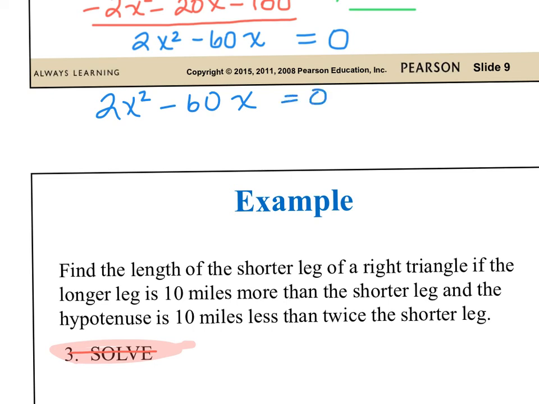And we can factor out, because 2 and 60 are both even, we can divide both of those by 2. And they both have an x. So we'll factor out 2x. And that'll be 2x times x minus 30, and that's equal to 0.